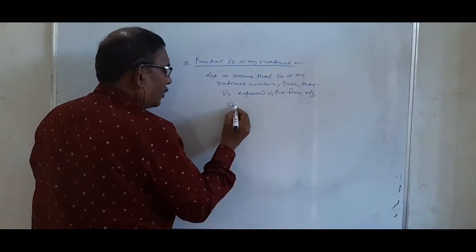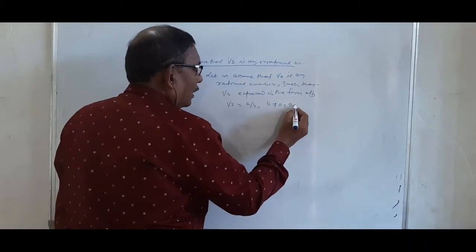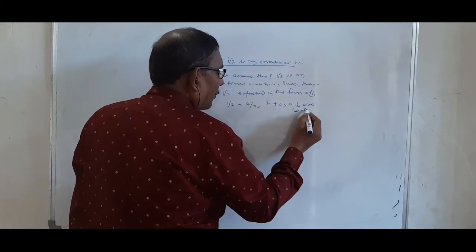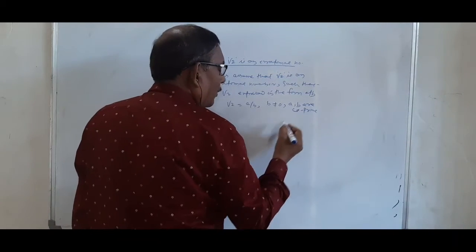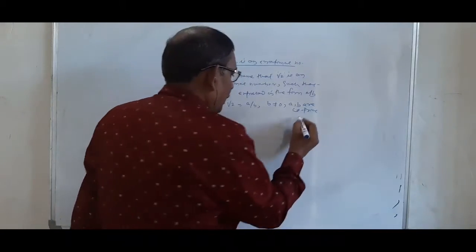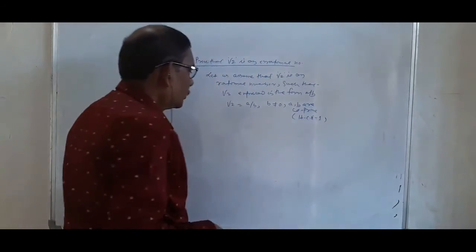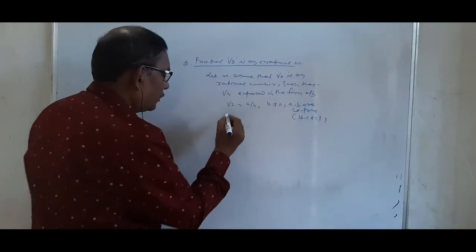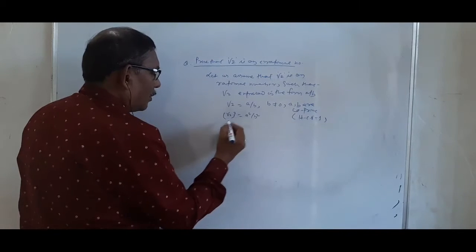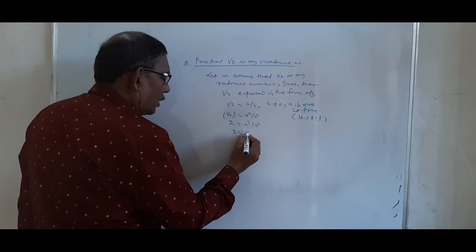So root 2 is equal to a by b, where b is not equal to 0, and a and b are co-prime. Co-prime means they have only the common factor 1 and no other common factor. It means the HCF of a and b is 1. Now squaring both sides, 2b square equals a square.